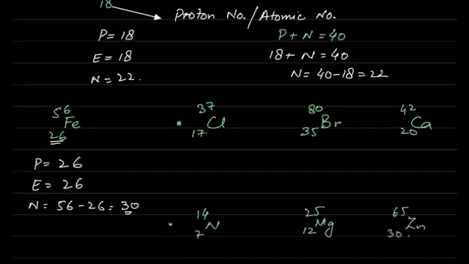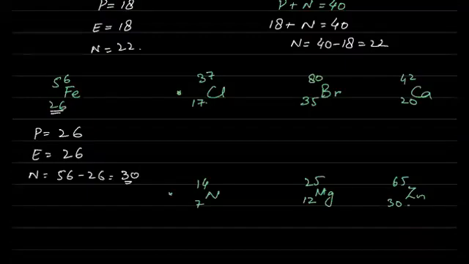Now, you have 2 minutes to find out the number of protons, electrons, and neutrons for these elements. Number 1, 2, 3, number 4, 5, and this is 6.